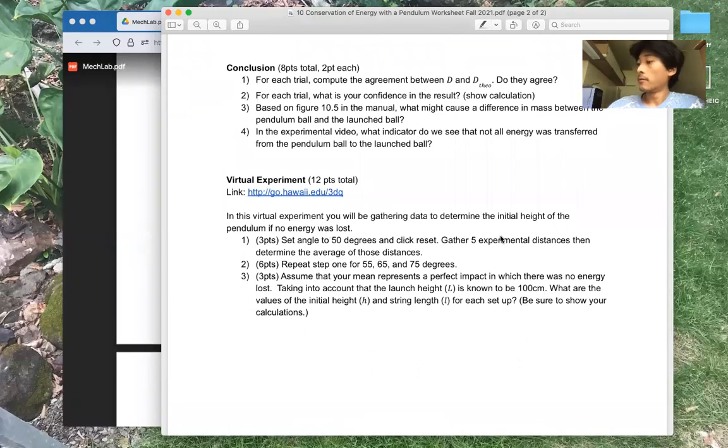And for the conclusion, I just like to remind you that for number one, agreement. So I can write out the formula for agreement.